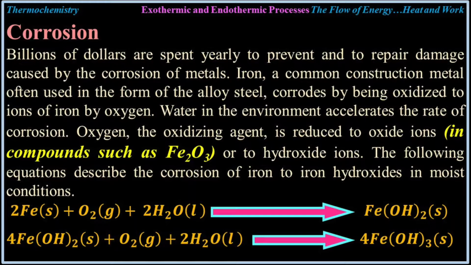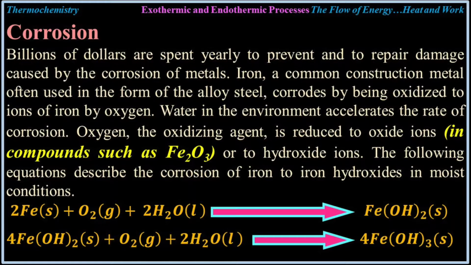Oxygen, the oxidizing agent, is reduced to oxide ions in compounds such as iron(III) oxide or to hydroxide ions. The following equations describe the corrosion of iron to iron hydroxides in moist conditions.